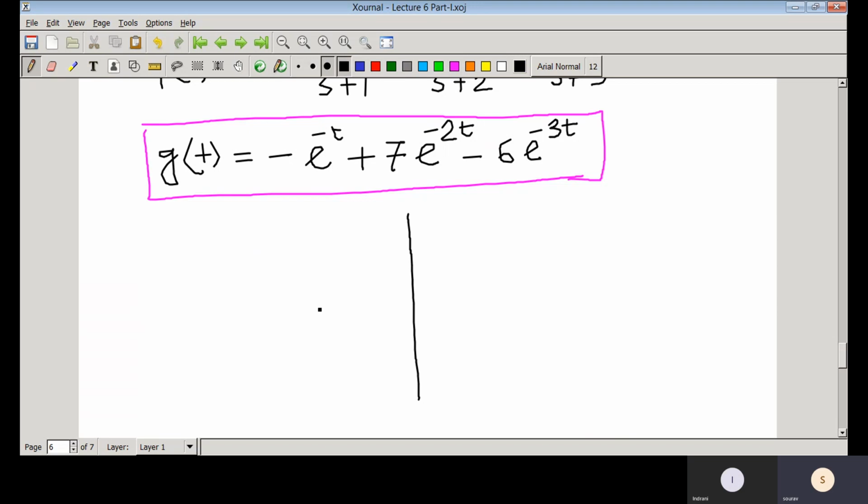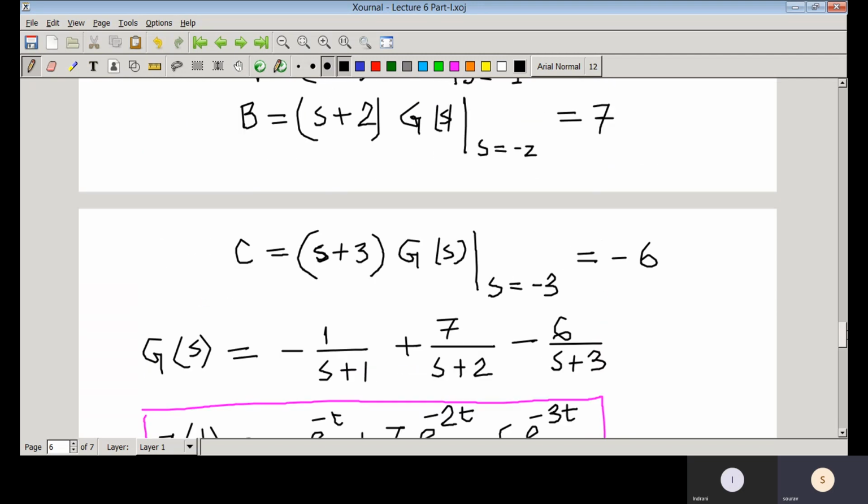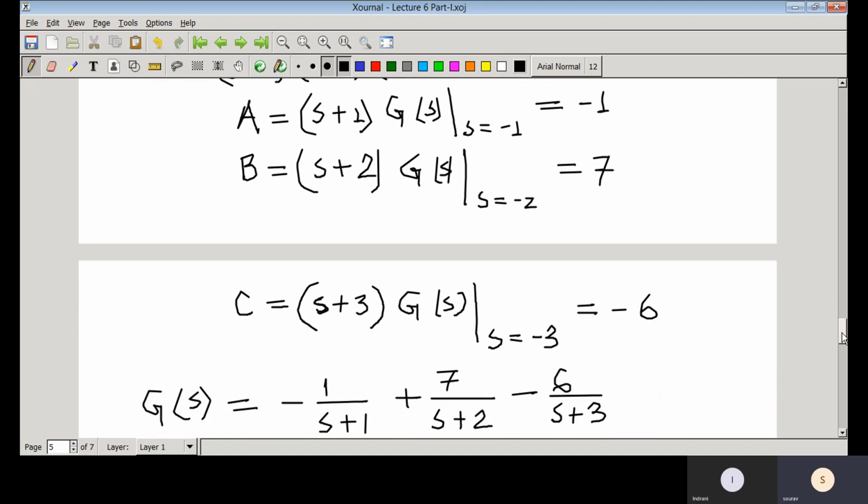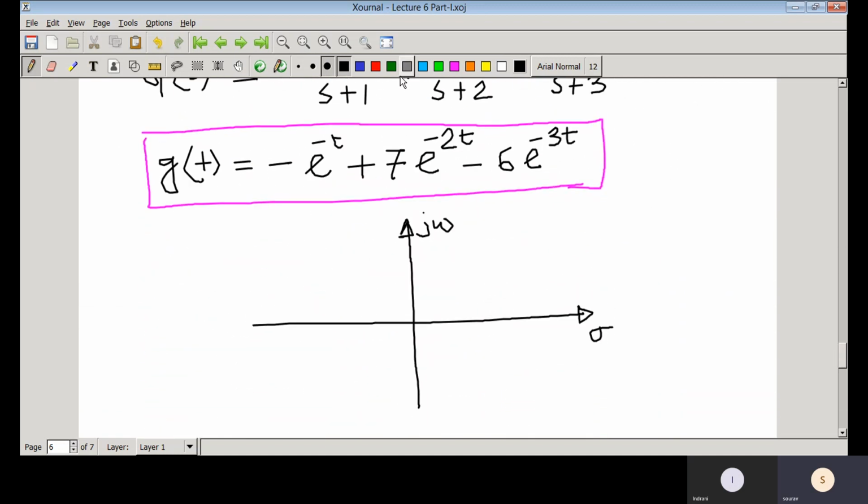If you draw that pole-zero map, with sigma and j omega axes, the poles are at -1, -2 and -3, and you have one finite zero at -3 by 5.